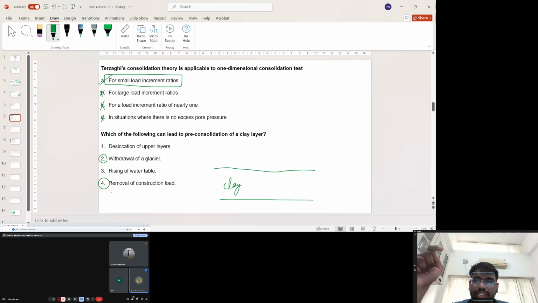The formation of glacier and the presence of construction load leads to pre-consolidation, and desiccation of upper layers is a little out of context in this category, because if this is replaced with over consolidation, then this and this will be the right options. So, for what can lead to pre-consolidation of a clay layer, in my opinion, it will be option 3.